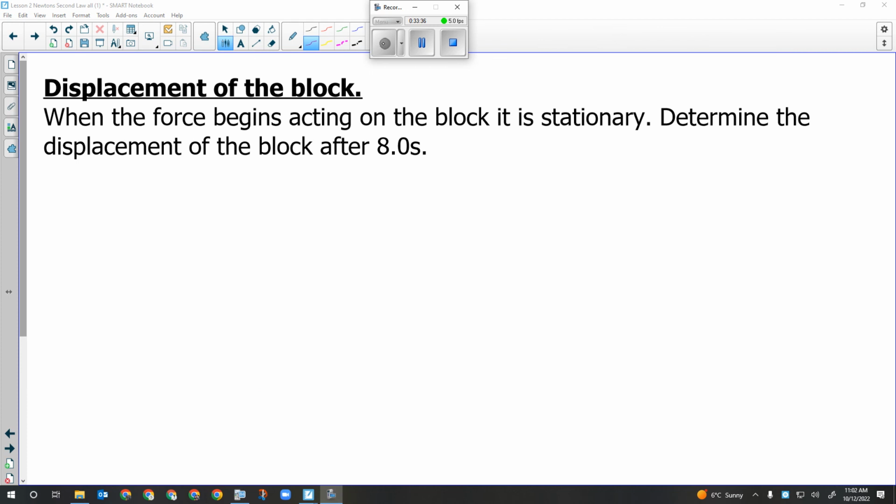So this is a very typical part B to a question like we just did. This is still the same block, the 15 kilogram block.